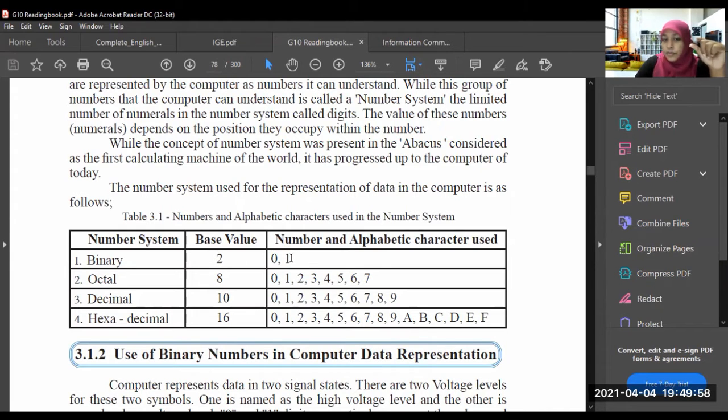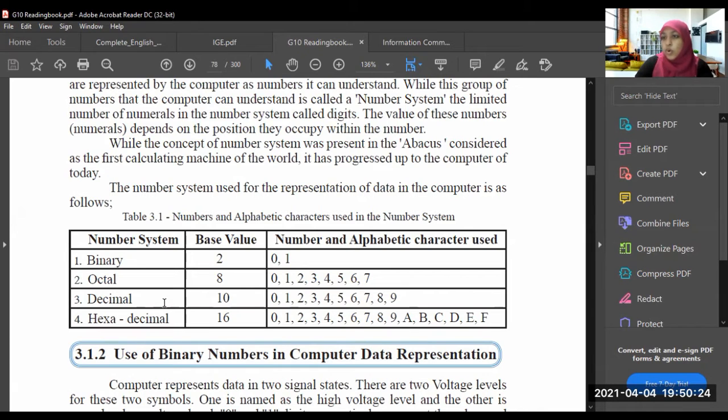Decimal number system, everyone knows, right? Normally we use it in mathematics, when we read a number, write a number, or say a number. From childhood we are learning the decimal number system.